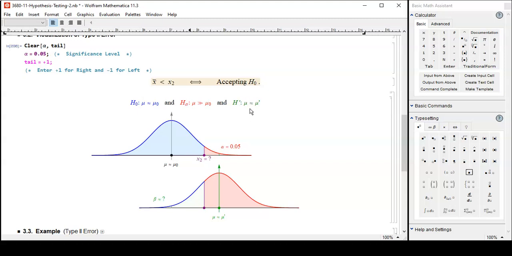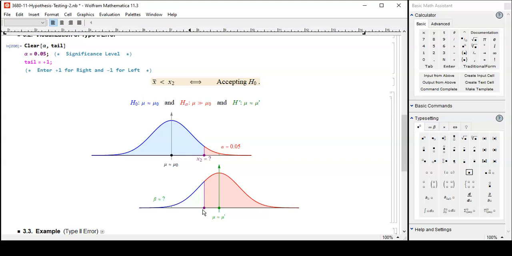Under the new hypothesis, you have to have the second normal curve. And this condition, x bar less than x2, is visualized like this, this a bit lighter blue or greenish shading here. That's associated to accepting H0.